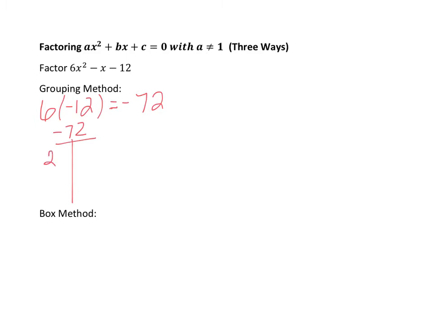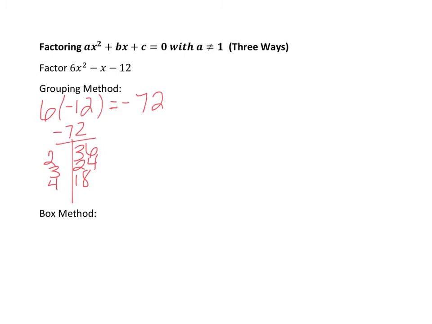So 72 is 2 and 36. That's not going to work. What about 3? 3 and 24, not going to work. 4 and 18, close but not quite.